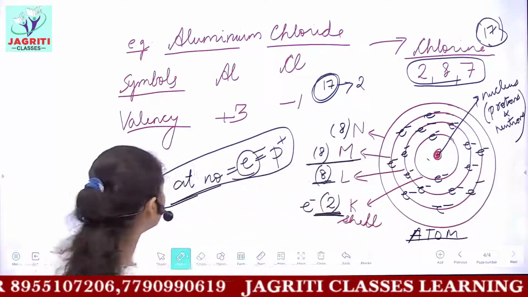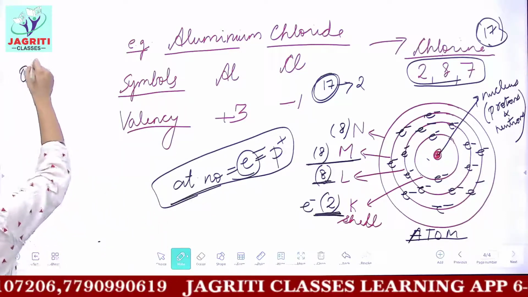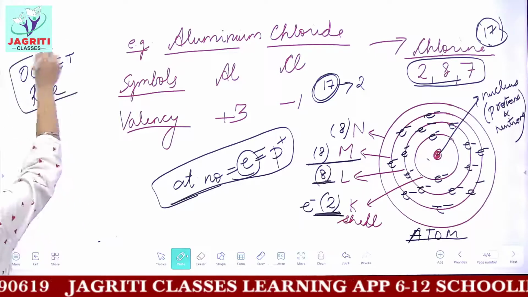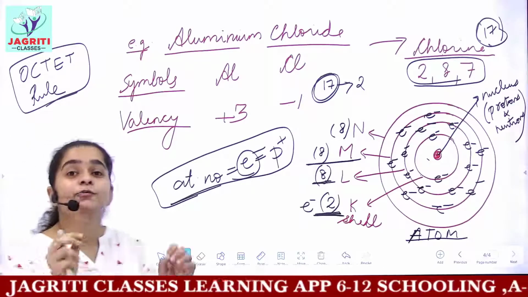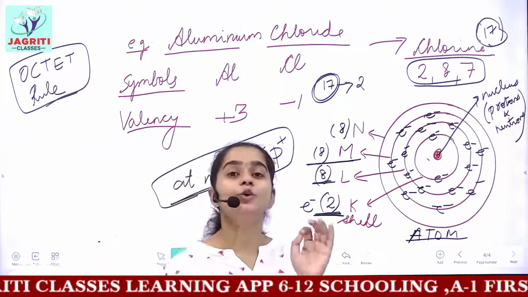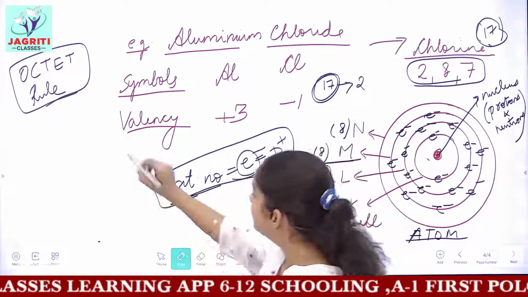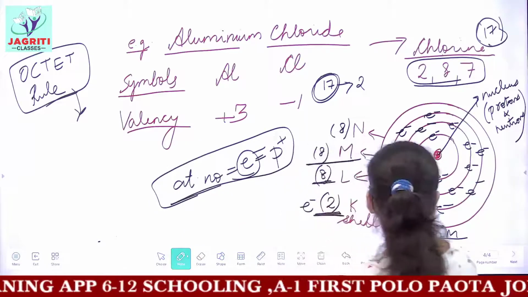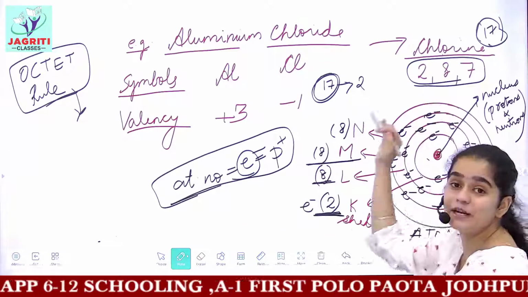And you know a rule which is called the octet rule. What does this octet rule state? This rule states that for attaining stability, the number of electrons in the valence shell should be 8. That is, the valence shell should be completely occupied.